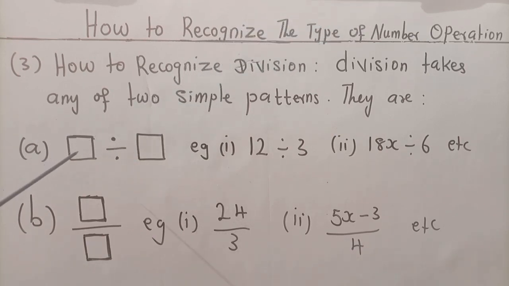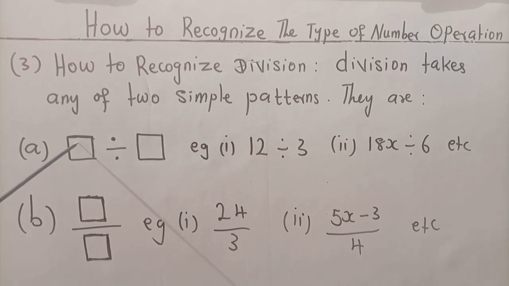Anything can be in this box, but must be a term. Either a constant, group of constants, a variable, group of variables, or group of variables and constants. Anything can be in this box, but whatever it is, it must be called a term.